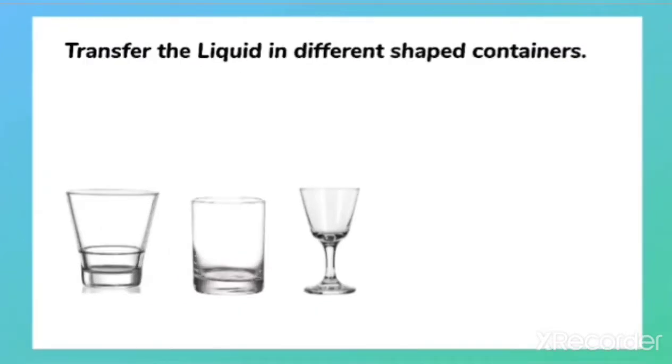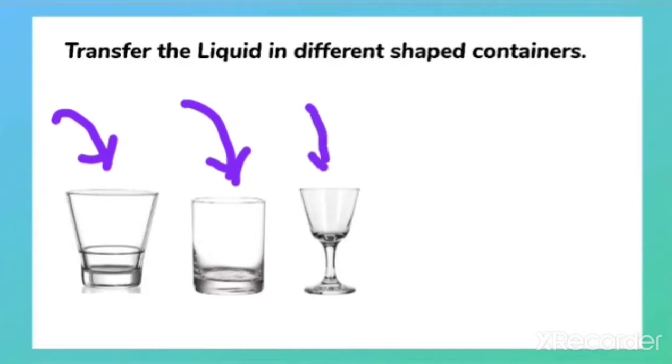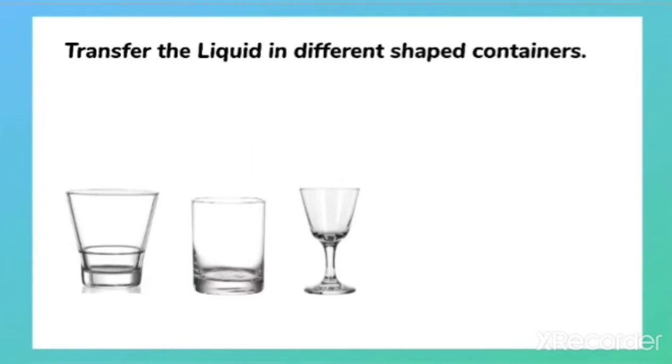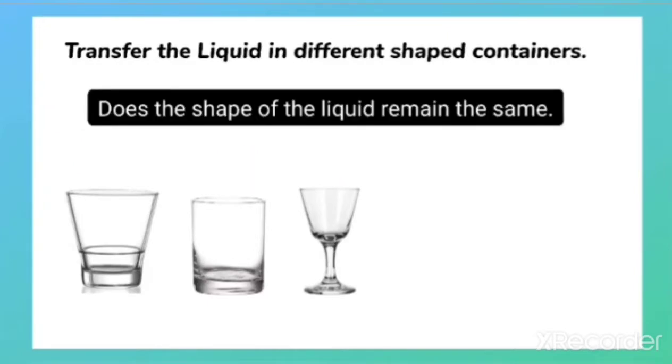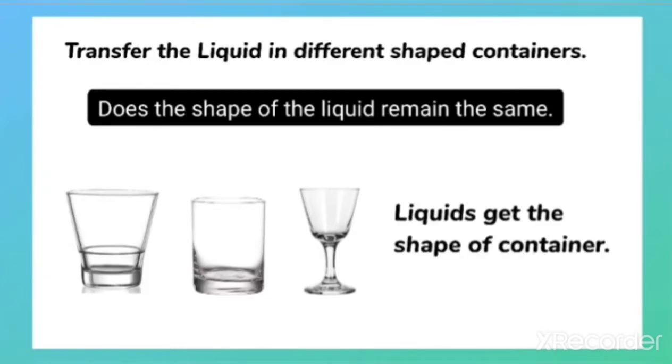Next, transfer the liquid into differently shaped containers. You can take any one of the liquids and transfer it into the different shaped containers. The question arises here: does the shape of the liquid remain the same? Definitely not, because the liquid takes the shape of the container.